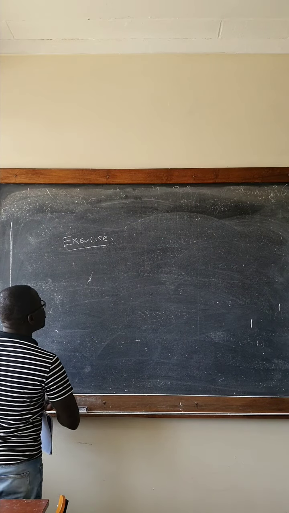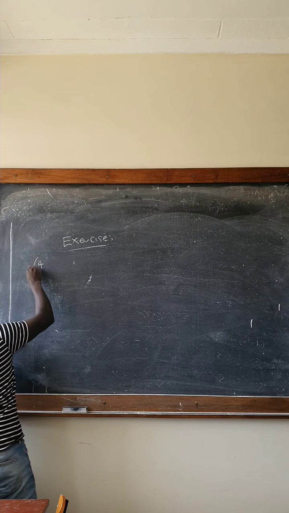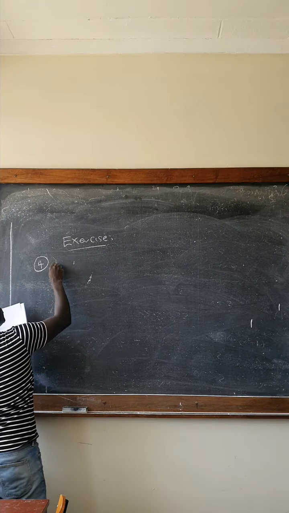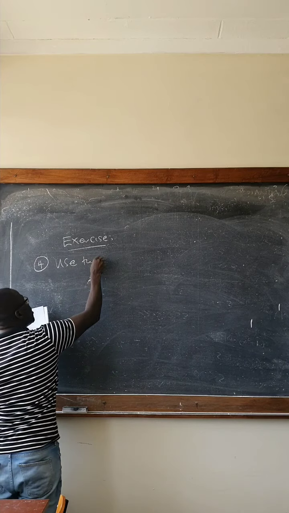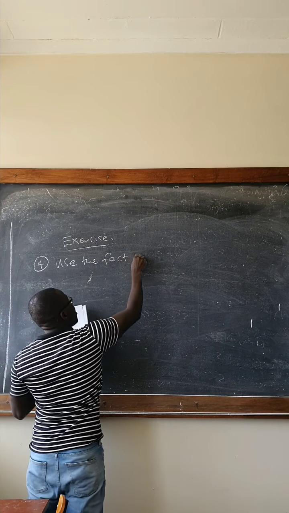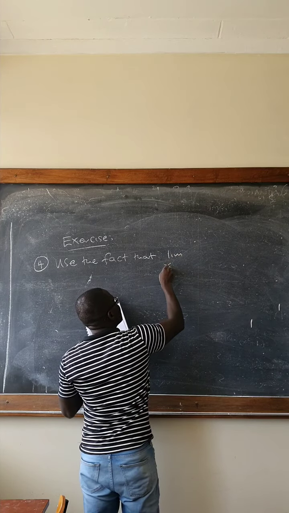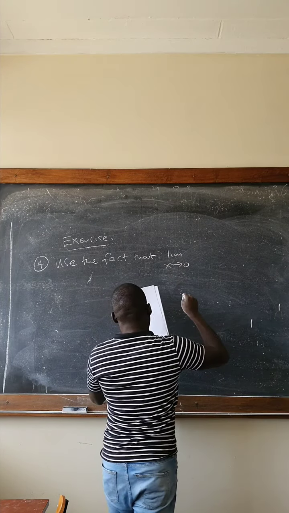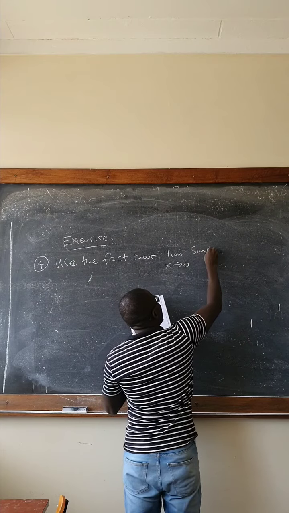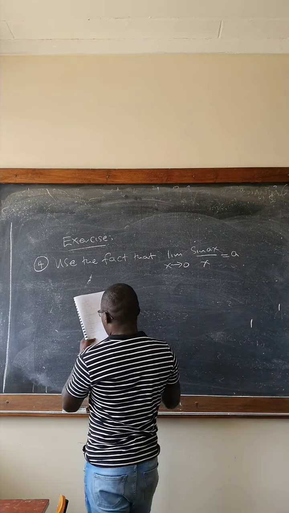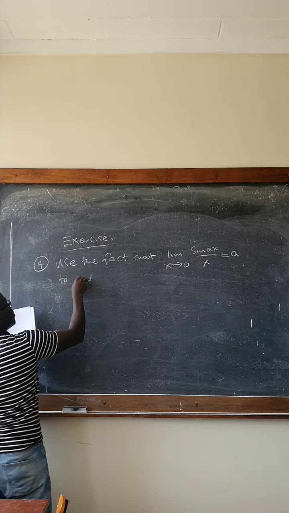One more question which you can try, question 4, is use the fact that the limit as x tends to 0 of sine x over x is equal to 1, to evaluate the limits.